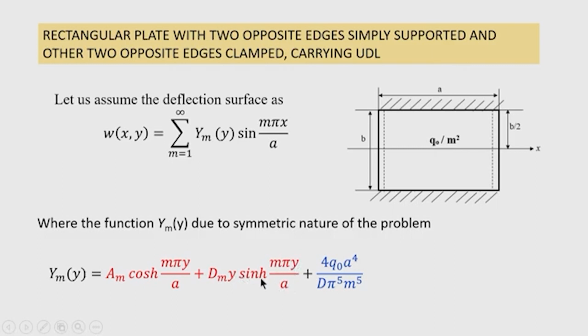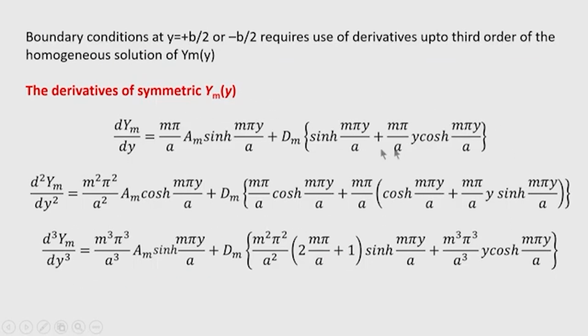When differentiated, the product gives y m pi by a cos hyperbolic m pi y by a, plus the differentiation of y with respect to y, which is 1, times sin hyperbolic m pi y by a. So, this condition is what I have written after differentiating Y m of y.